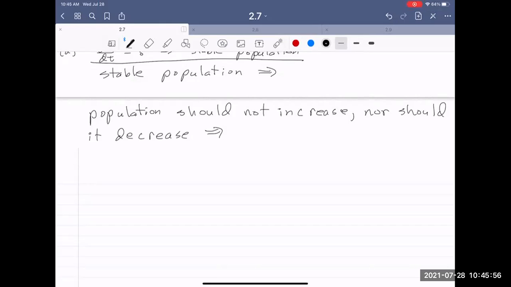You want that the rate of change in the population is 0. And so we want that dp dt is 0.